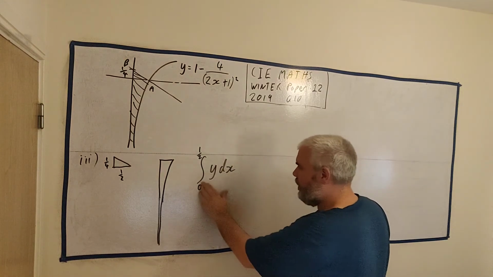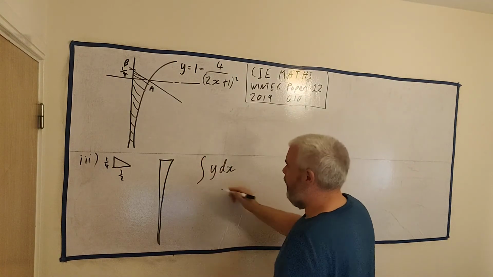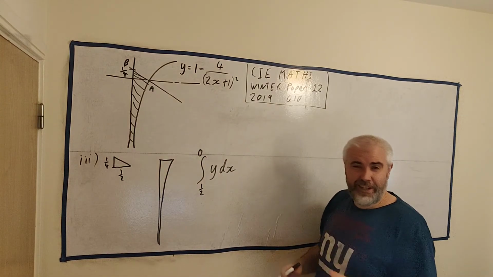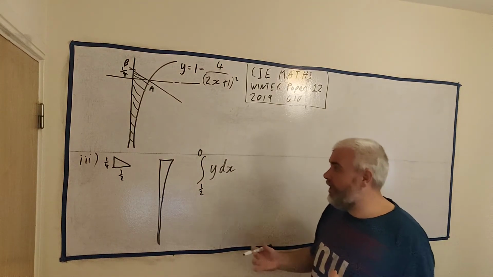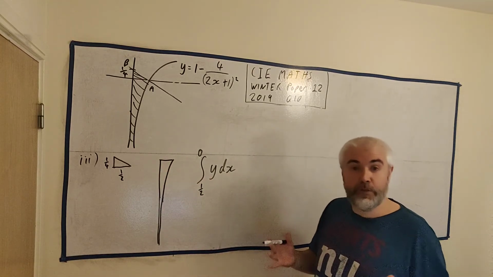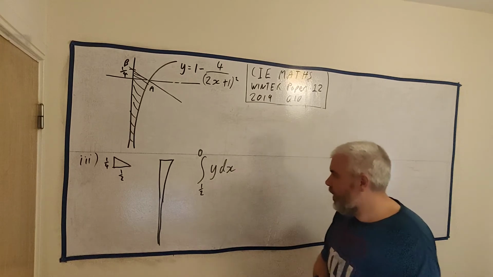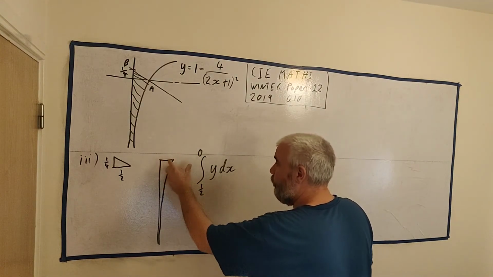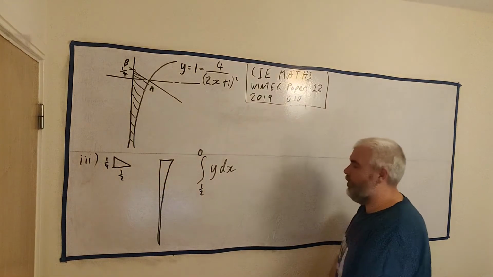So if you'd rather, we could go from half to 0 to get a positive answer. But honestly, I don't think it really matters. Just at the end, we're doing one simple segment, so at the end, we can just say, right, it must be a positive. We're getting an area. But I'll just do it correctly here. I'll go from a half to 0, which will give me positive below the line.